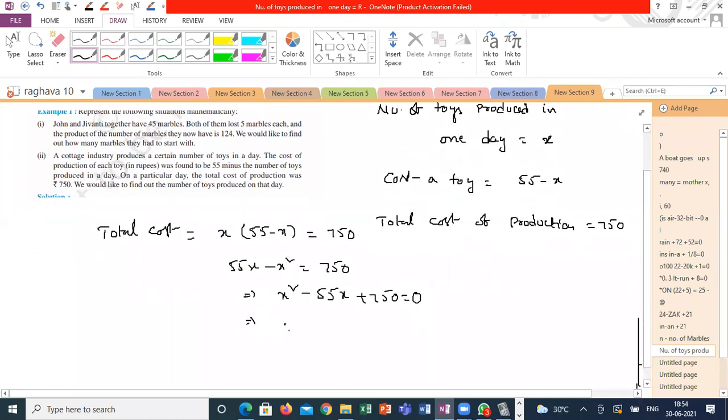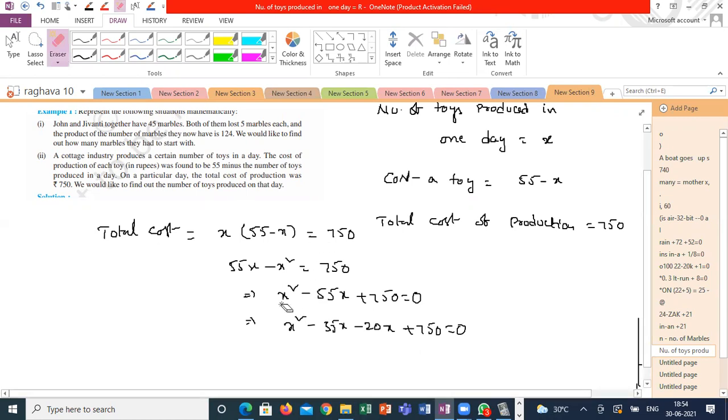35 into 20 now, X square minus 35X minus 20X plus 750, I can take like this. 35 into 2 is 70. No, it's not right. The sum is 55 only, but the product is not 750.